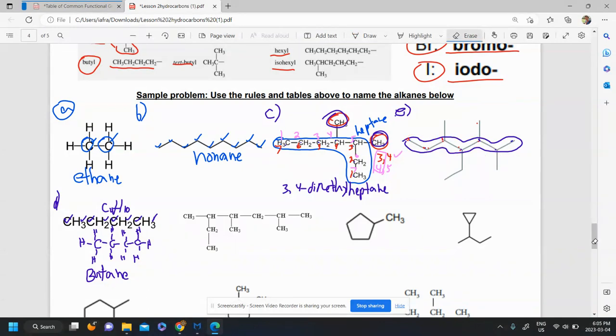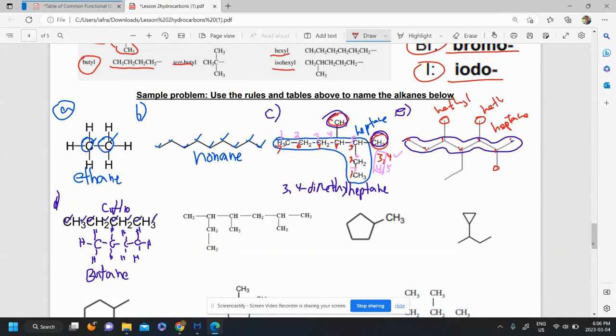So I think the one I have highlighted is the best option right now. So that's a 1, 2, 3, 4, 5, 6, 7. That's a heptane chain because there's 7, and it's an alkane. I have substituents here, here, here. So I have these methyls. I have 3 of them.